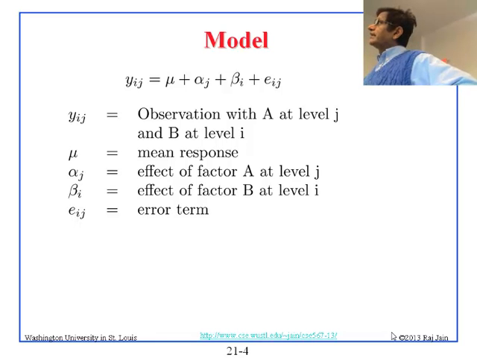The overall response is mu, and for alpha you have alpha 1, alpha 2, alpha 3, whatever number of levels you have, and for beta you have similarly the levels. Actually, an example will make it much clearer than this expression.